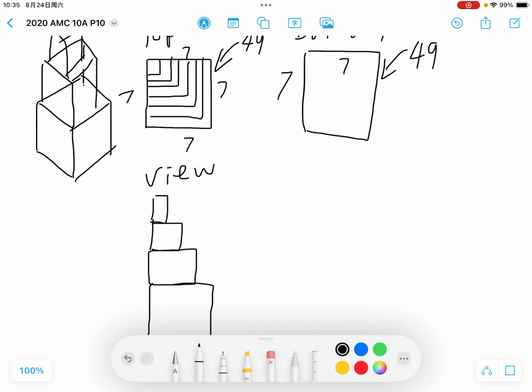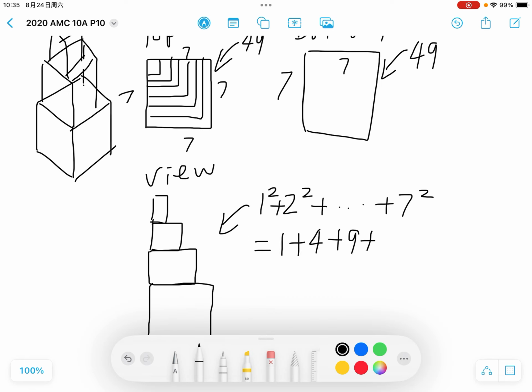And then the surface area of one of these would be 1 squared plus 2 squared plus 3 squared, and so on until 7 squared. That's just 1 plus 4 plus 9 plus 16 plus 25 plus 36 plus 49.